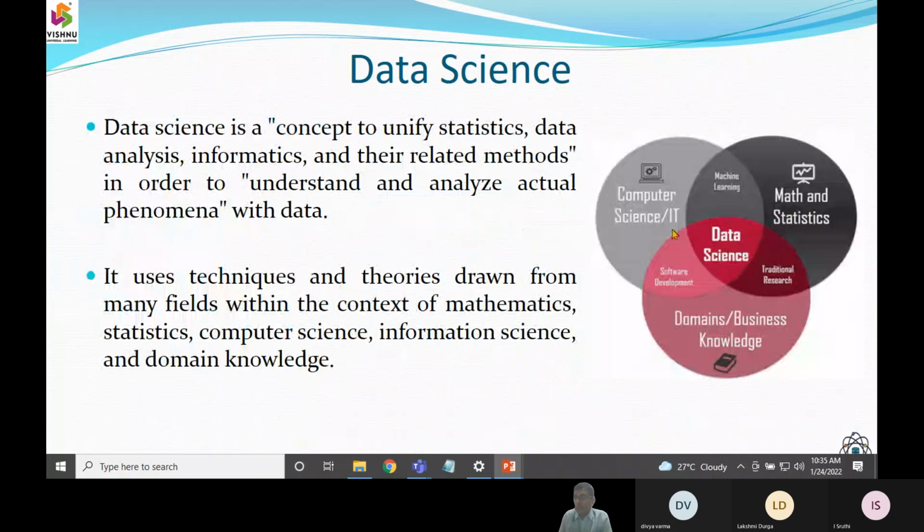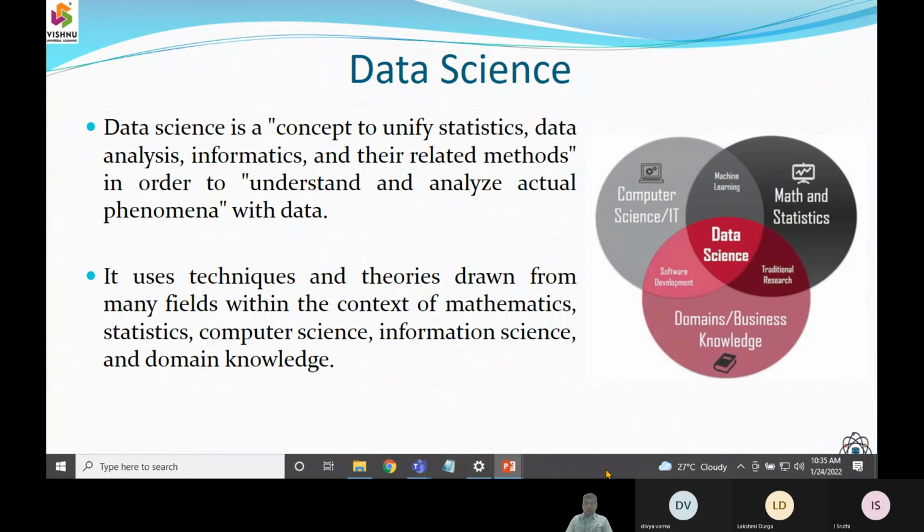In this diagram, you can see data science as the intersection of the Venn diagram, where it has a lot of techniques from computer science, machine learning, mathematics and statistics, traditional research, software development, business domains, etc. When we take up the two words, one is structured data, and two is unstructured data.